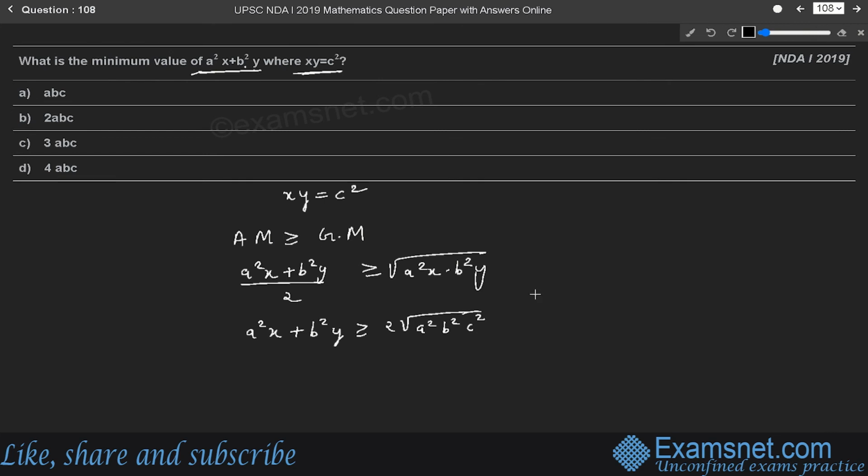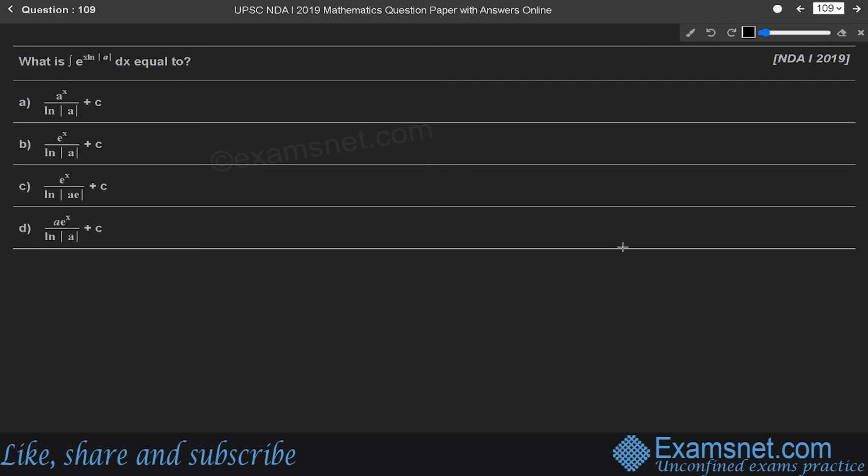On further solving, it can be written as a square x plus b square y is greater than or equal to 2abc. So this is the minimum value for a square x plus b square y. So the correct option is 2abc. I hope this question is clear to you.